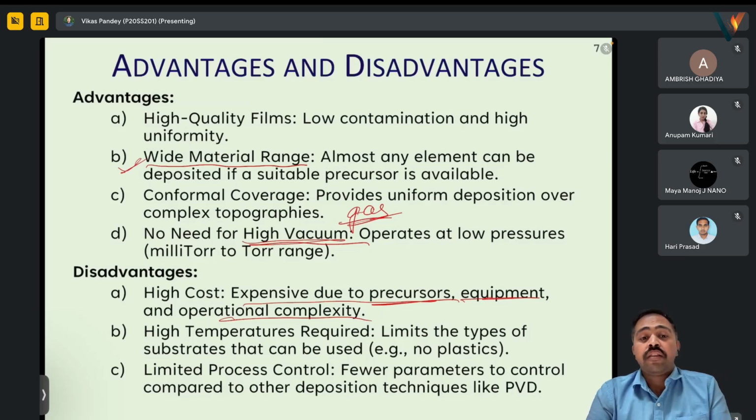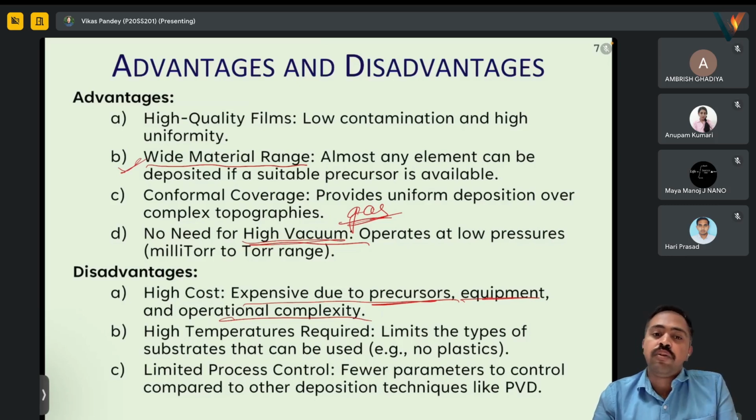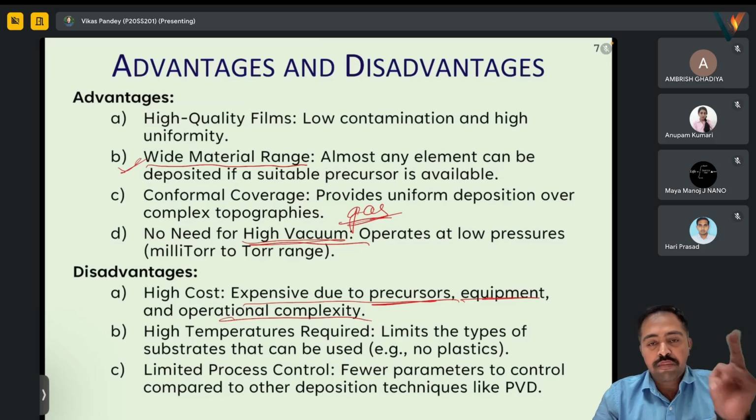Then there are not many parameters that we can control in this method. You can control the temperature, the pressure and the gas flow, but not other things.